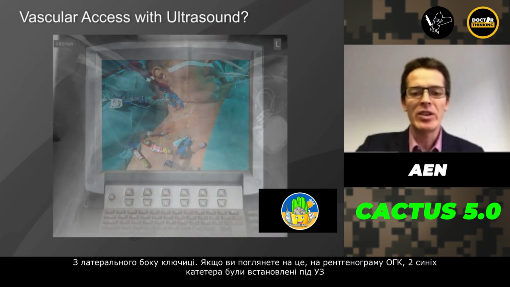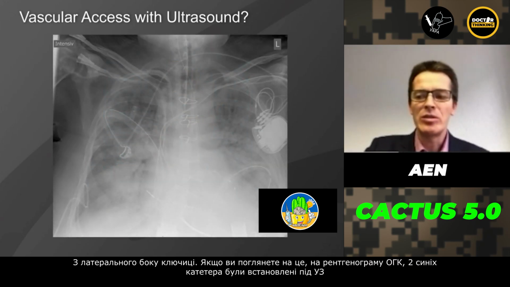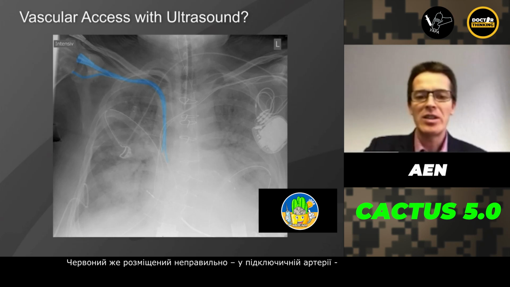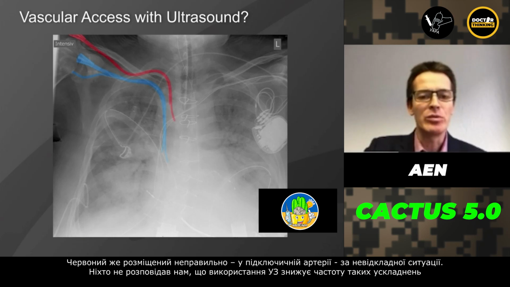If you look at this on a chest X-ray, you will find the ultrasound guided placements of 2 catheters, the blue ones, and the displacement of the red one, which was placed in the subclavian artery in an emergency situation. So nobody tells that using ultrasound reduces complications as such.